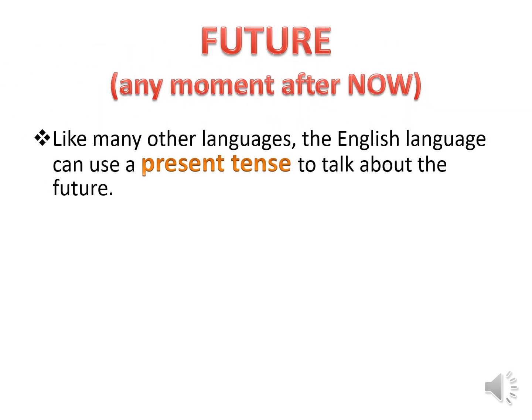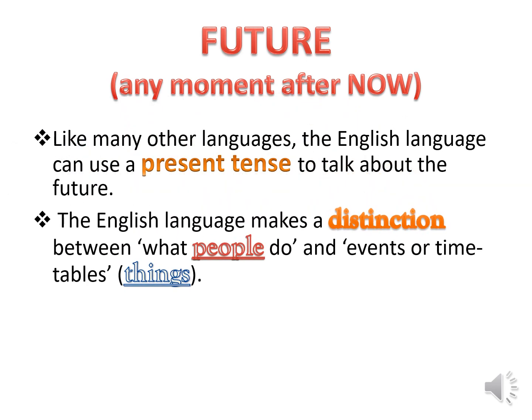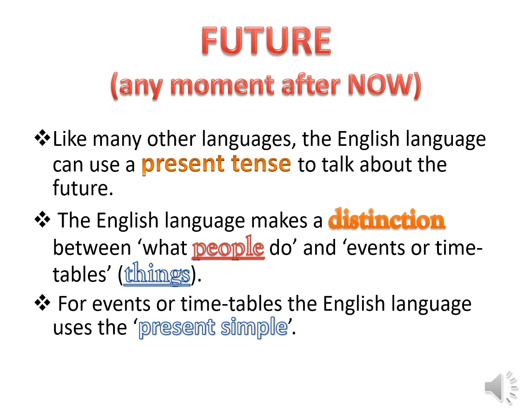Like many other languages, the English language can use a present tense to talk about the future. The English language makes a distinction between what people do and events or timetables, things.